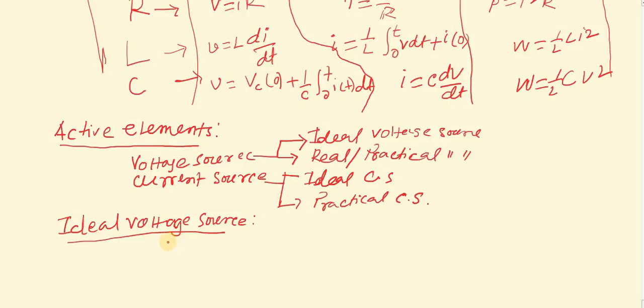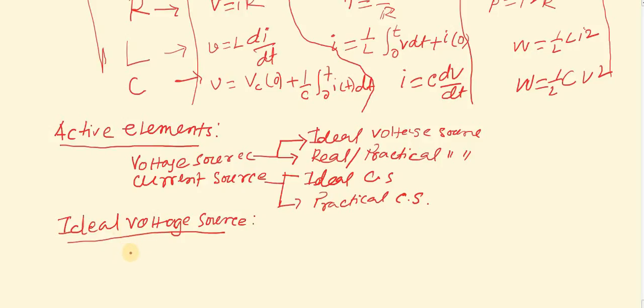We have said earlier that all the elements, maybe a voltage source is an element, so actually it has two terminals. So a voltage source is basically a two terminal device.